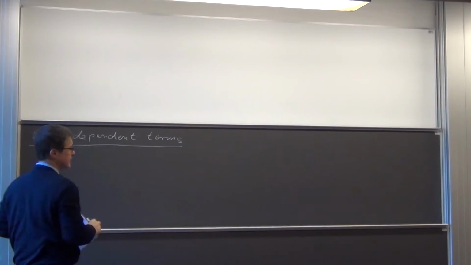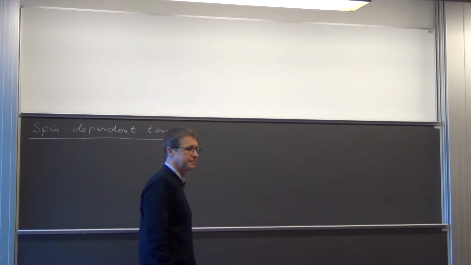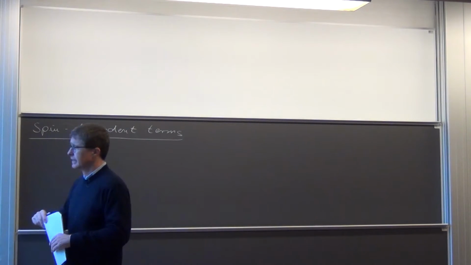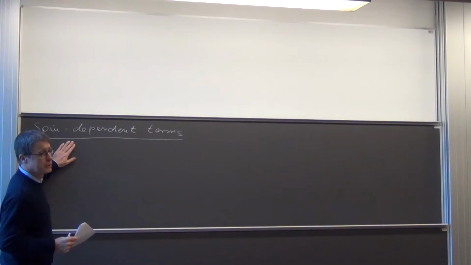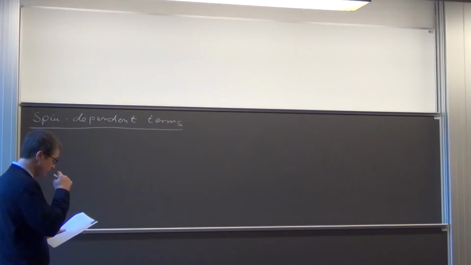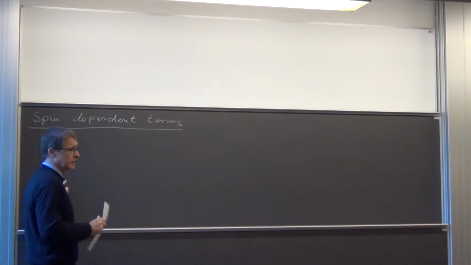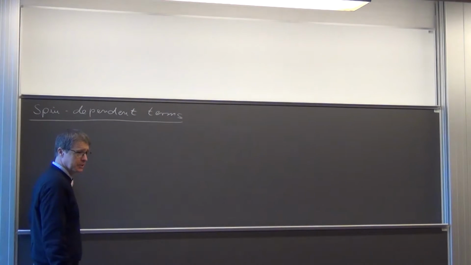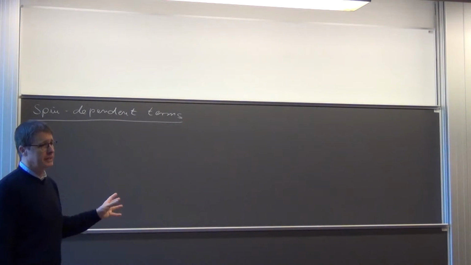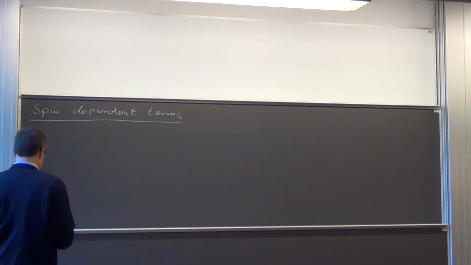And spin is the electronic spin, because the nuclear spin we had already added as the external perturbation. But this is not an external perturbation. This is really part of the Hamiltonian operator. And we're not interested in spin-orbit coupling, but we just want the interactions of the electronic spin with external or internal perturbations.